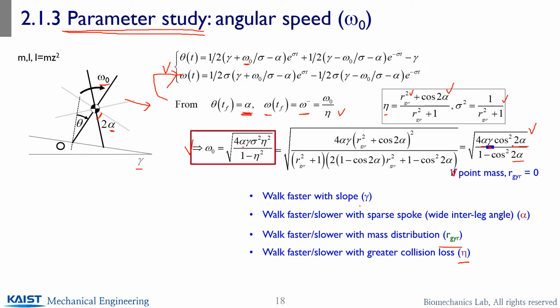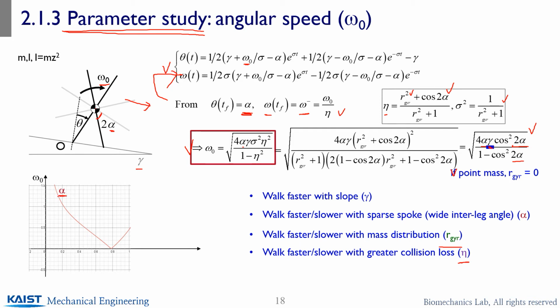So actually, you should draw it, and if you draw it as a function of alpha, your omega naught is going to be, according to my intuition, that a smaller alpha gives you the faster speed, and with a larger alpha, the sparse spoke will slow down the speed. How about the radius of gyration and the eta? You can also plug it into your equation and then see if your expectation or anticipation will actually fit into your results for the model.